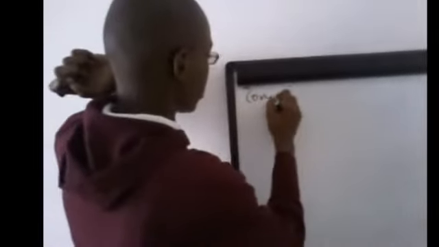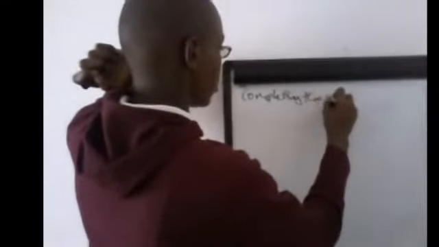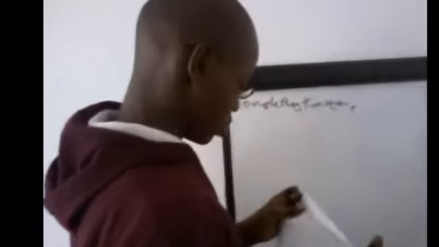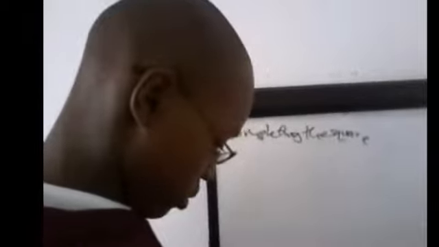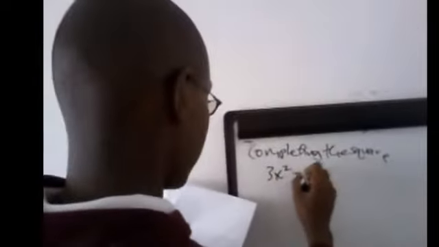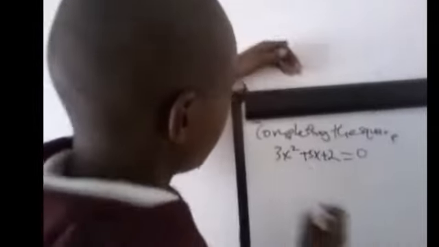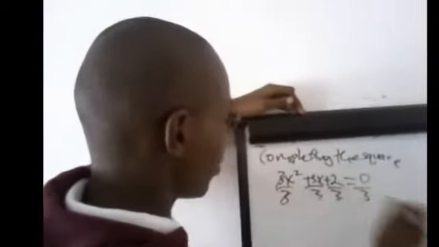So now I'll be showing you how to complete the square. The equation is 3x squared plus 5x plus 2 equals 0. First we'll divide both sides of the equation by 3.